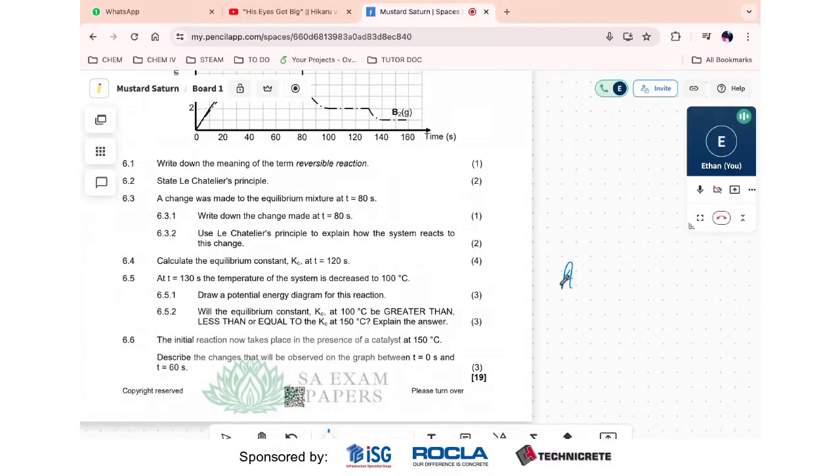So more of A was added. So A2 gas was added, more was added, and that's the change.